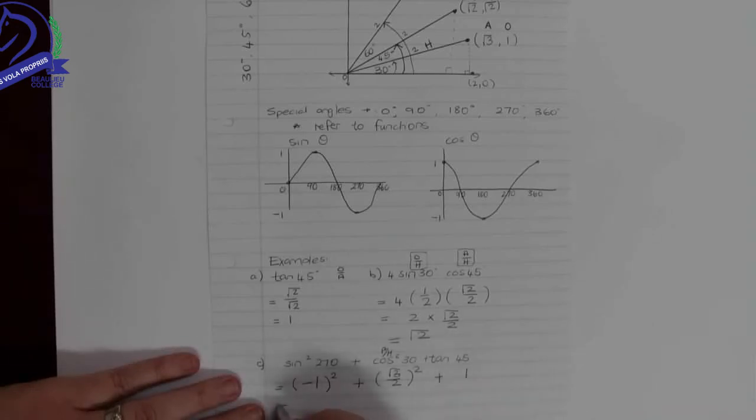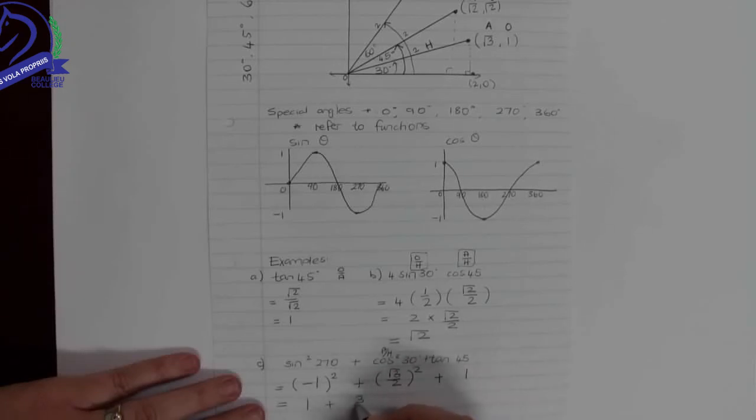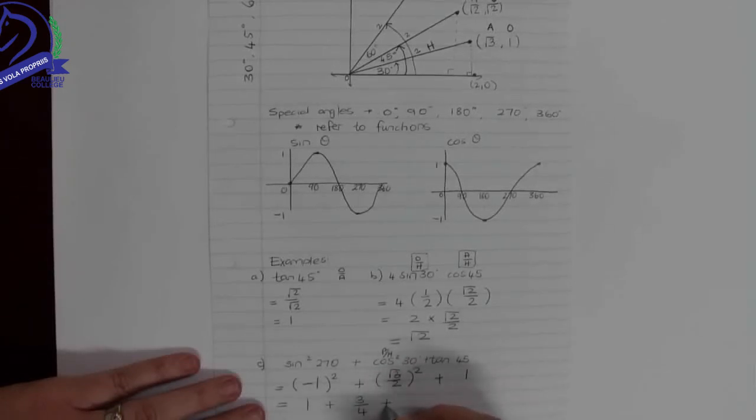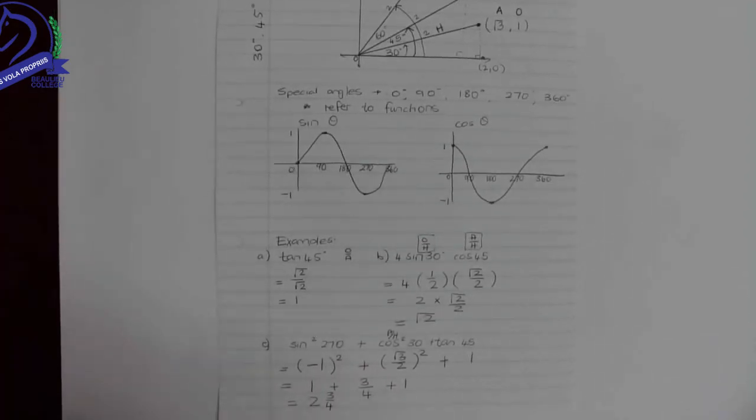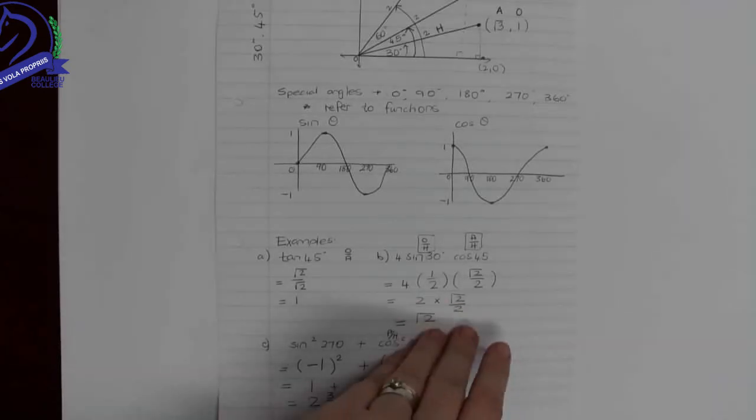Okay, so I will have 1 plus 3 over 4 plus 1, and that's 2 and 3/4. Okay, is it all coming back? I hope so.